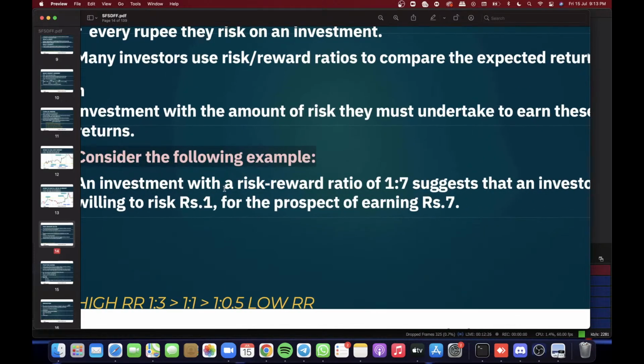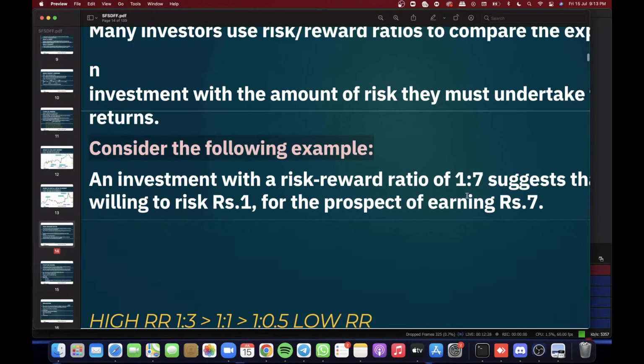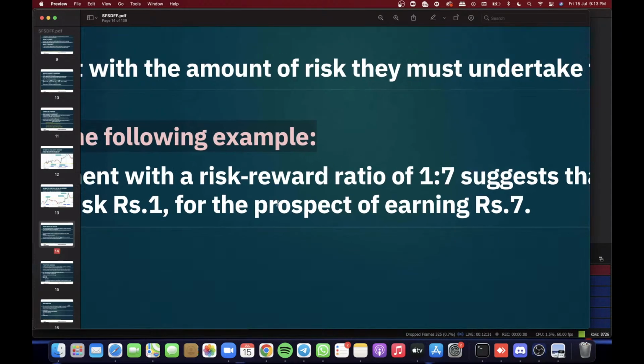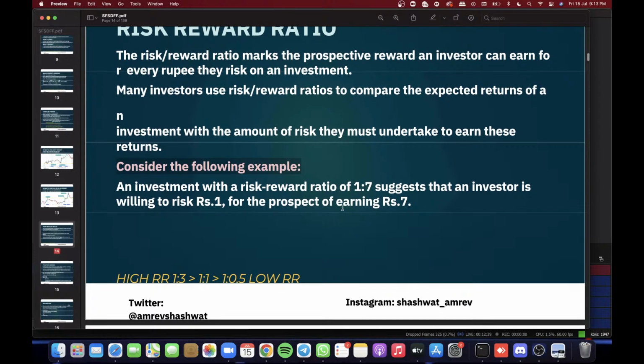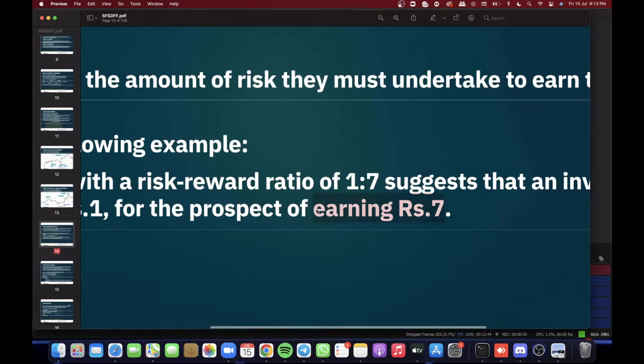Consider the following example, guys. An investment with a risk reward of 1:7 suggests that the investor is willing to risk 1 and the prospect of earning is 7.